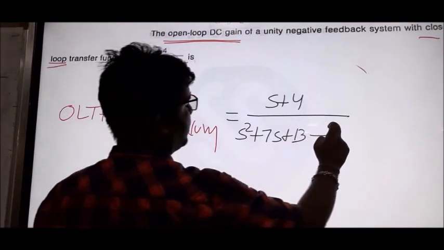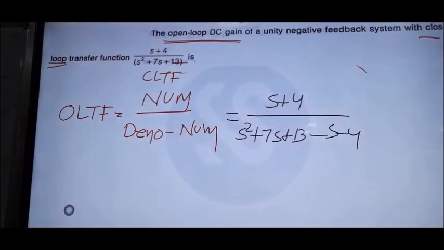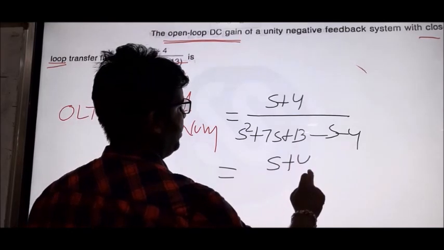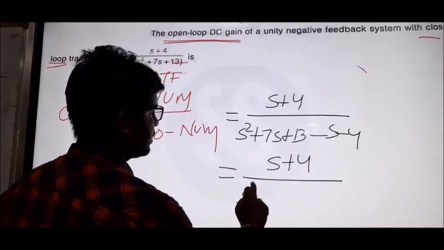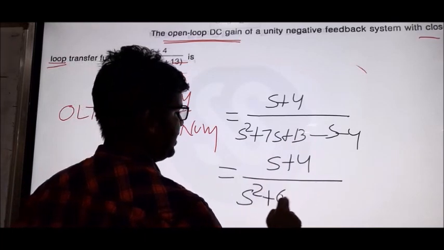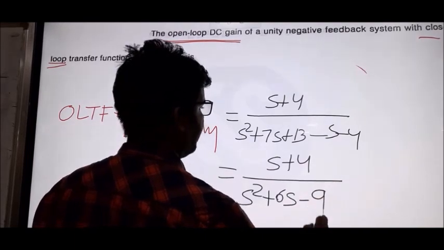S plus 4 becomes minus s minus 4 when you remove the bracket. So this becomes (s+4)/(s^2+6s+9). Here 7s minus s is plus 6s, and 13 minus 4 becomes 9.